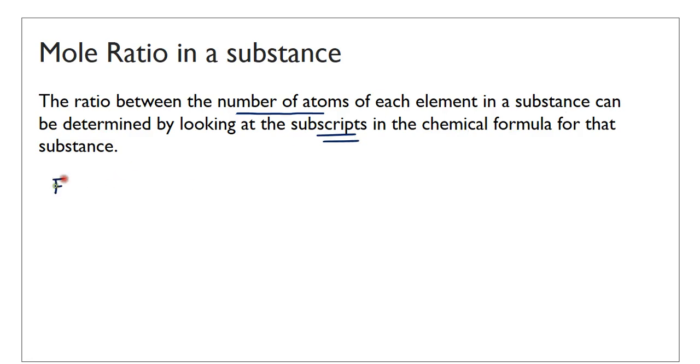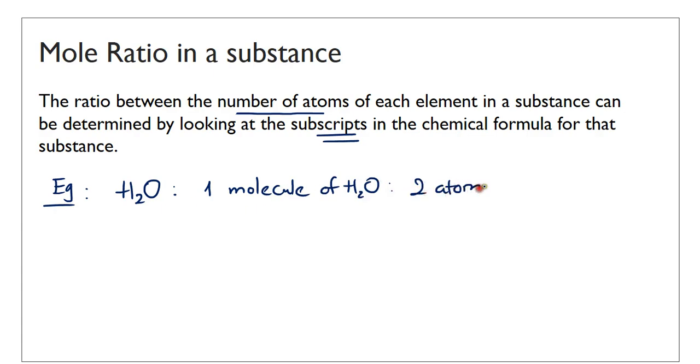So for example, if I have H2O, you can see here that in order to make one molecule of water, so one molecule of H2O, one molecule of H2O has two atoms of H and one atom of oxygen.